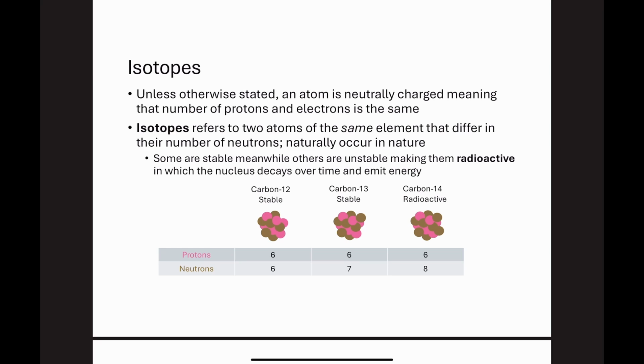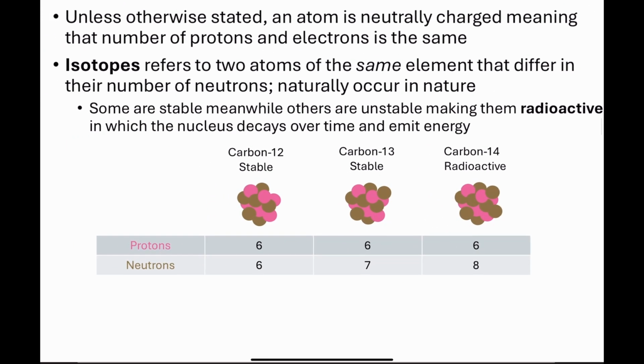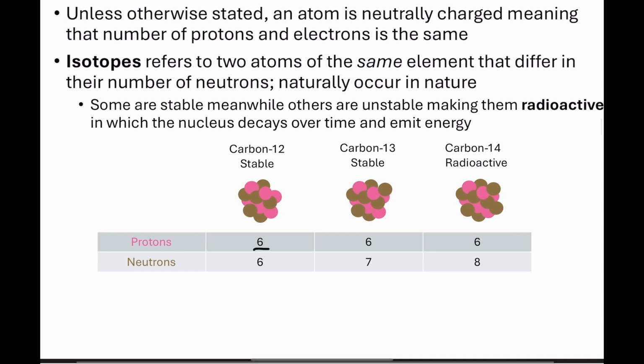And all this means is that one element can have multiple different forms. For example, with our carbon isotope, we have the carbon that we see on the periodic table, which has 6 protons and 6 neutrons. It's referred to as carbon-12. However, carbon-13, which is a carbon isotope, has 6 protons and 7 neutrons.